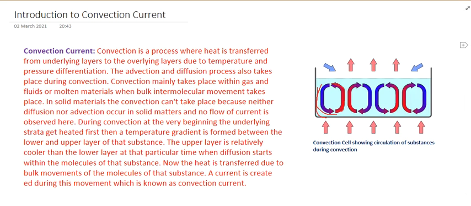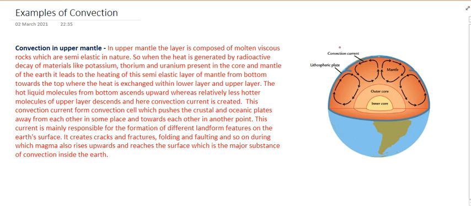Now let us go through the next part, some examples of convection. The heat which is generated in the Earth's interior is also a type of convection. That heat is produced by radiogenic decay. So let us discuss that current.